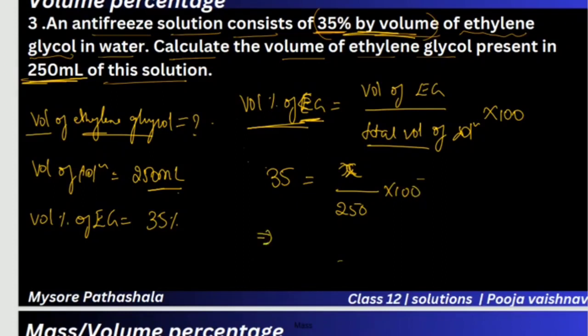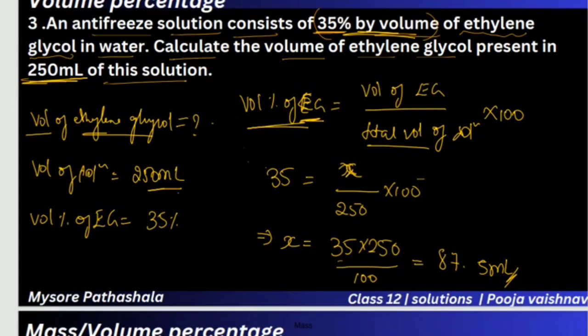If we solve this, X is equal to 35 into 250 divided by 100. We get the value 87.5 ml.